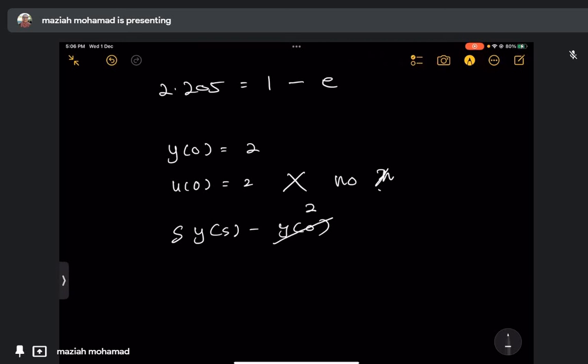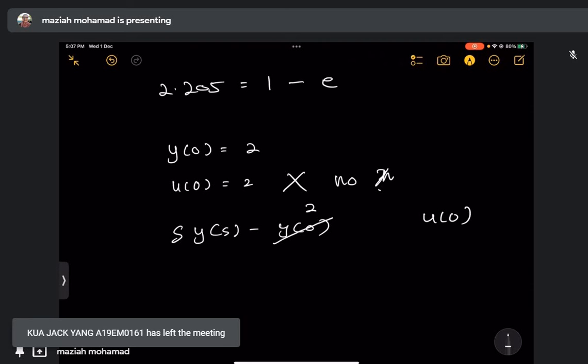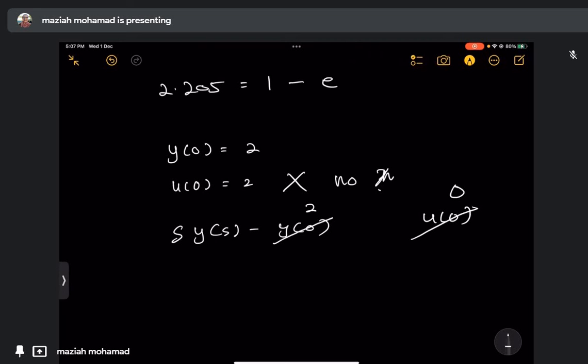For the input part, nothing is mentioned about initial condition, but you also have u0. So you don't know what value to replace for u0. Just consider that one to be 0, because we consider zero initial condition.